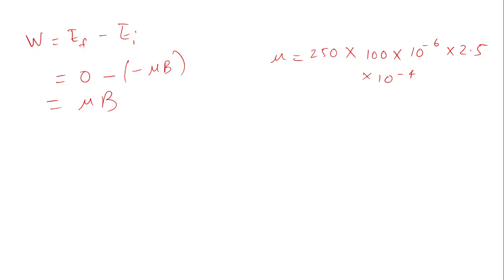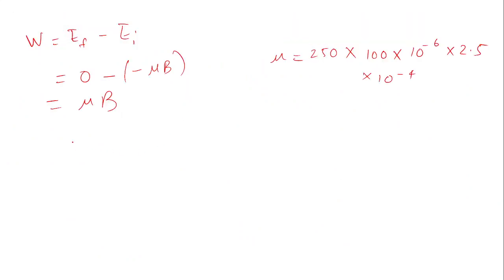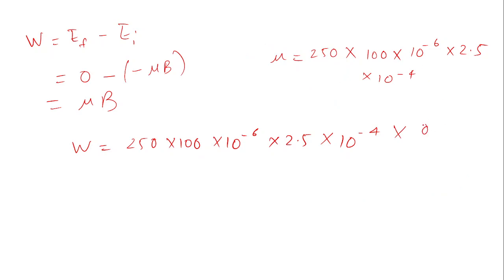Next we need the magnetic field, which is given to be 0.85 Tesla. So the work done we can directly write: 250 times 100 times 10 to the power minus 6 times 2.5 times 10 to the power minus 4 times the field, 0.85 Tesla.